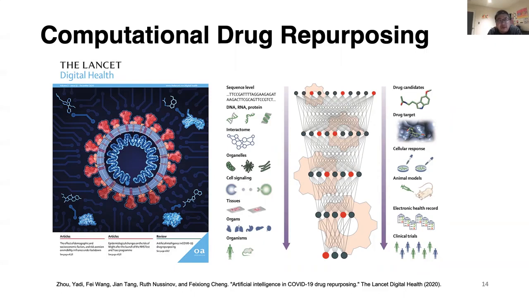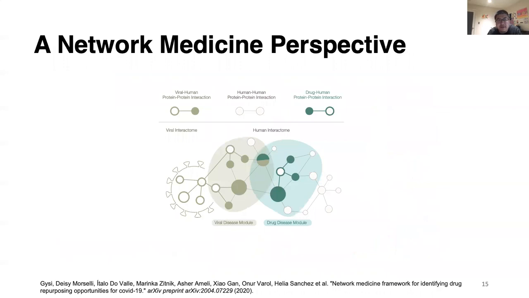We envisioned how computational drug repurposing could be important and promising for treating the COVID-19 disease. And in this paper, a group of Northeastern researchers proposed a network medicine perspective for looking for candidates that can potentially be repurposed to treat COVID-19 disease.